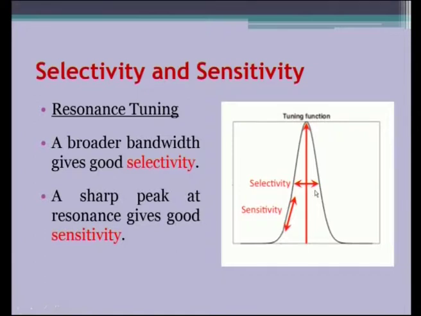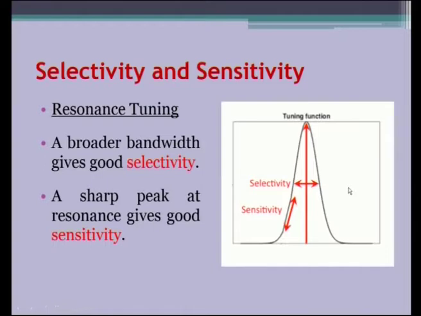When we lose the width, particularly selecting the frequency is very difficult. So, we have to strike a balance between the selectivity and also the sensitivity. Sensitivity is related to the peak, that means the narrowing down of the width. Selectivity means we need to have an appreciable width, the broadening of the curve.